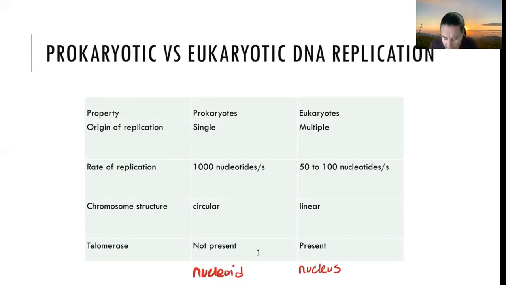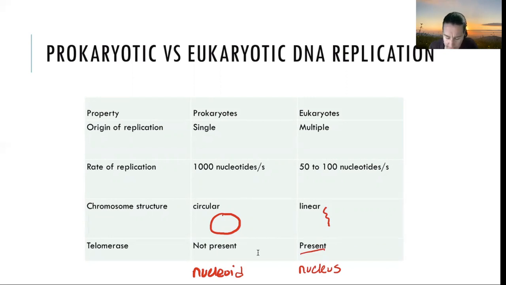Eukaryotes have telomerase, which is going to stick on those telomeres so they never fall off, and we can just replace them with telomerase. We said that eukaryotes are going to have linear chromosomes, while prokaryotes have circular chromosomes. These big long circles are all coiled up on each other, but it's one big circular chromosome. It's not a line, it's a circle.